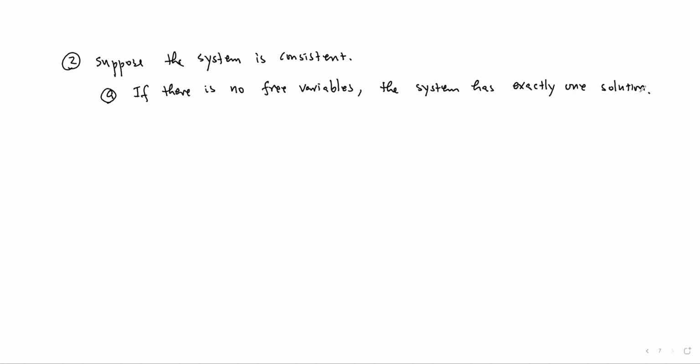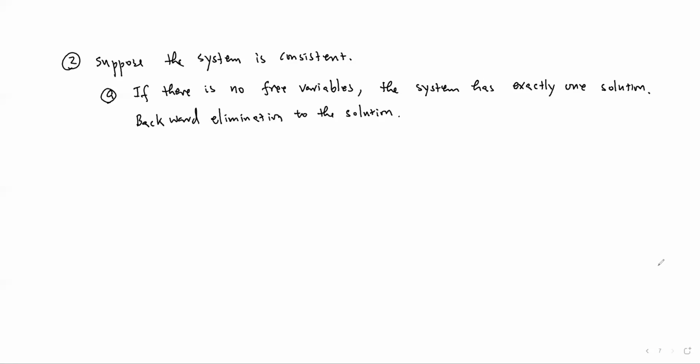Then how to get that solution? Backward elimination to get the solution. A linear system has no free variable. Any example? Take a look at this example.